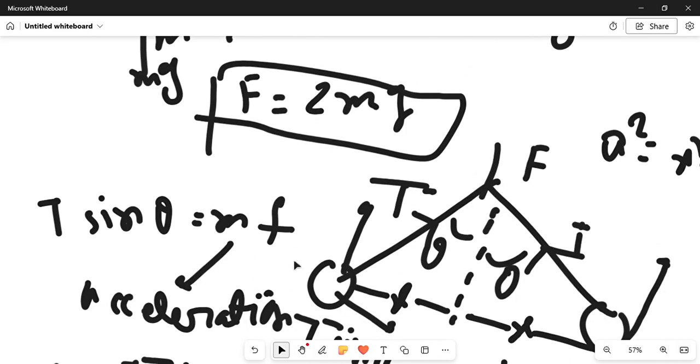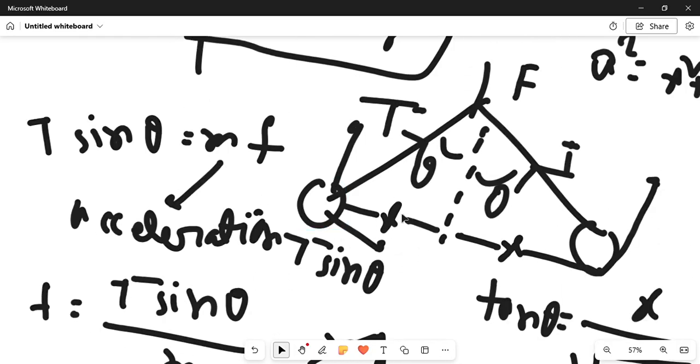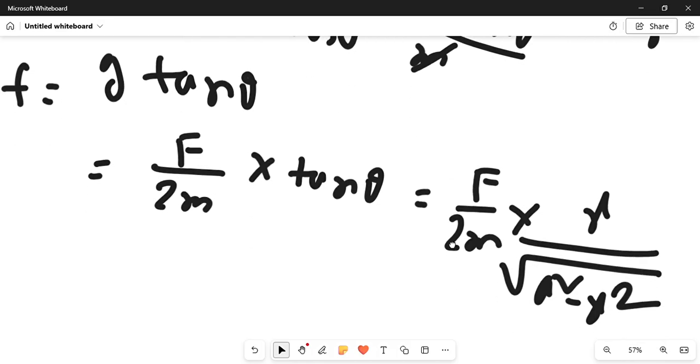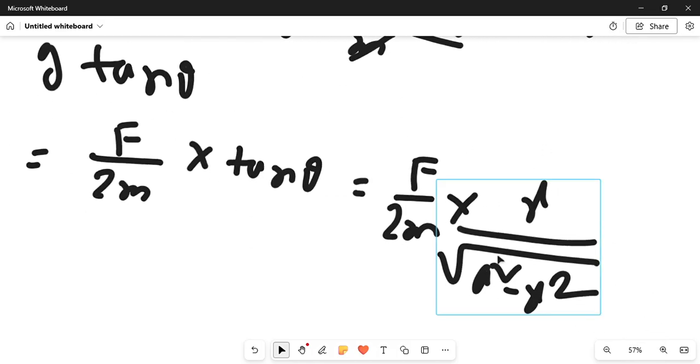So the t sin theta component helps to accelerate these particles towards each other. t sin theta is equal to mf, and t cos theta is equal to mg. Let's substitute these terms and I get this result. This is an interesting problem from JEE Advanced.